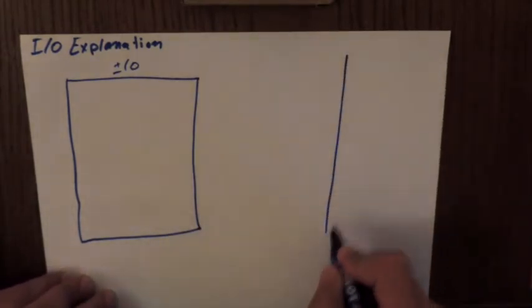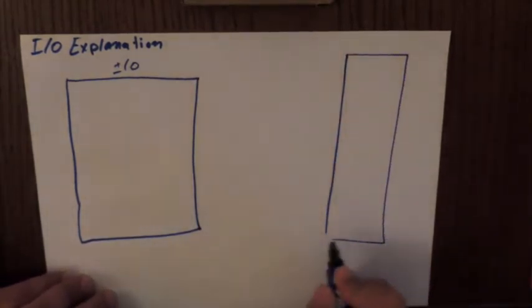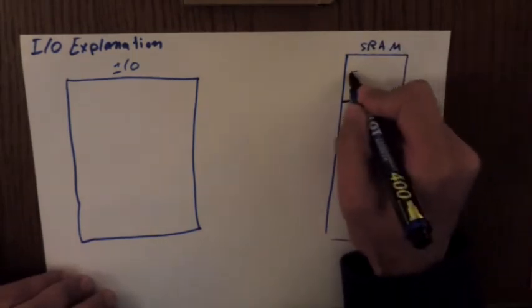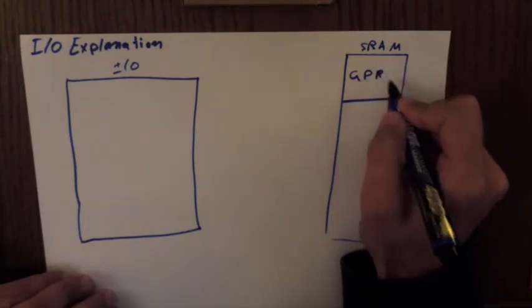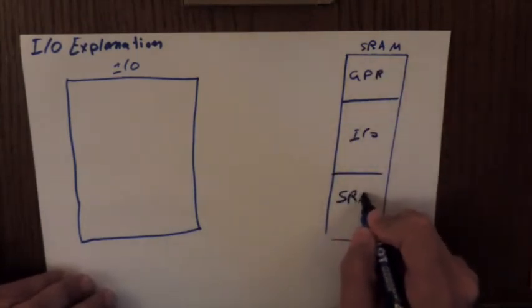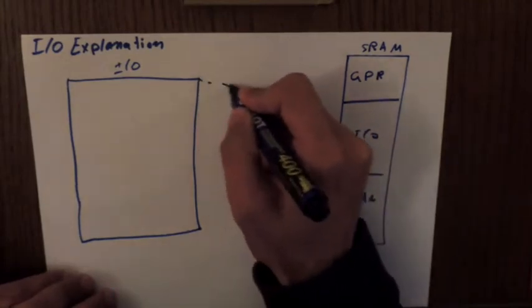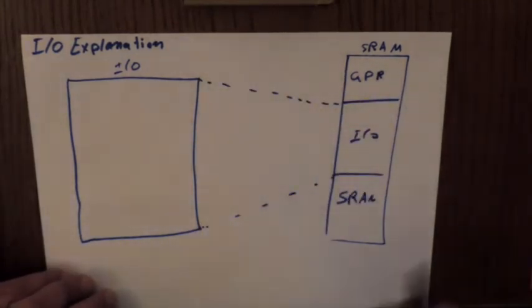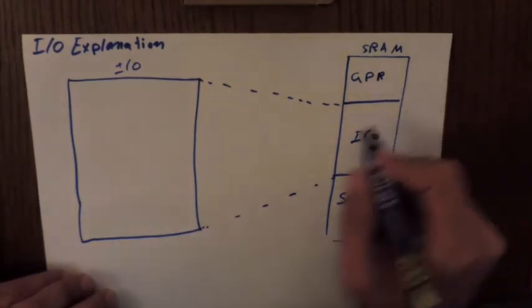As we know, this is the SRAM. Okay, so we have the GPR here, we have the I/O, and we have the SRAM. So this is actually the I/O, and if you remember, this is a 16-bit address.